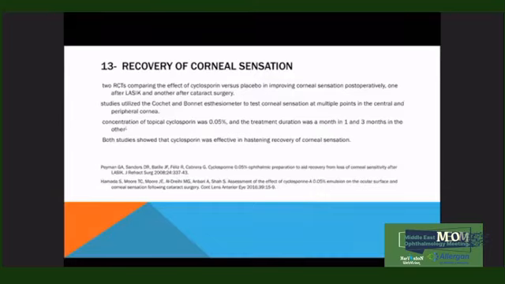The corneal sensation was measured with an aesthesiometer at multiple points in the central and the peripheral cornea, and the concentration of topical cyclosporine used was 0.05%. The treatment duration was 1 month and 3 months respectively. And both the studies actually concluded that cyclosporine was effective in hastening the recovery of corneal sensation post-op.